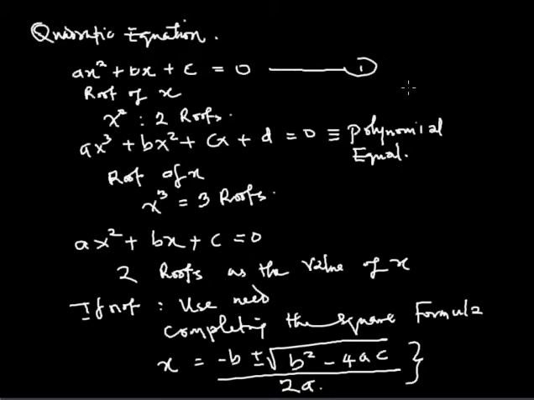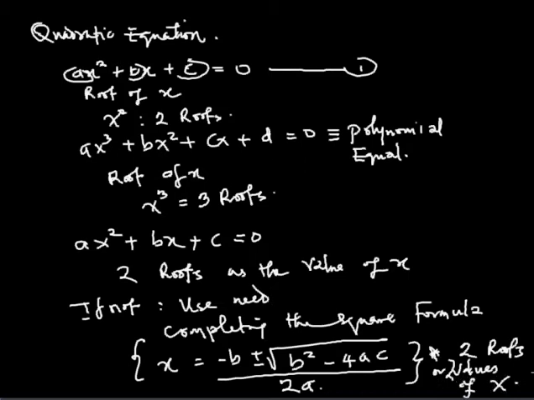So the best way to solve it is to use the completing the square. What you need to do is substitute the coefficients of this equation into this formula. In so doing, it will give us two roots, two values of x.